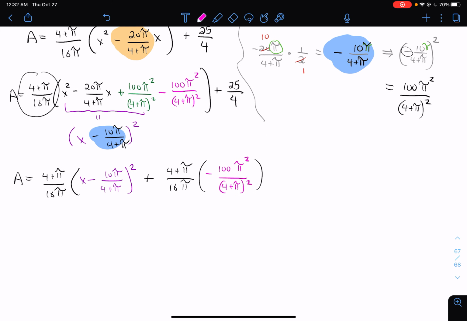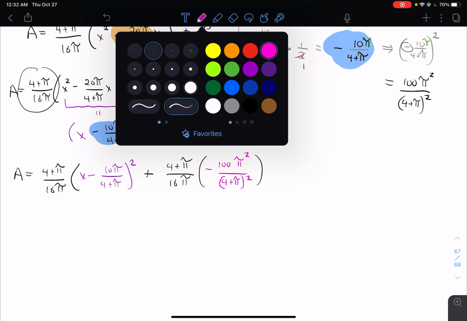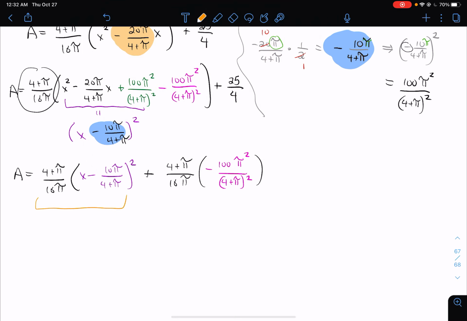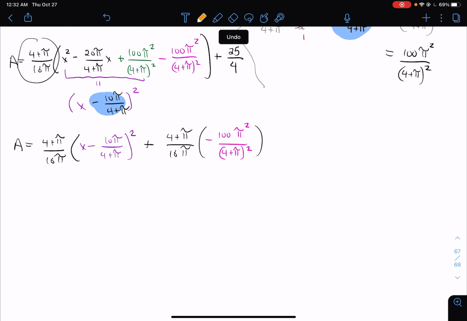Okay. All right, so I'm completing the square. This part of completing the square is kind of taken care of. We kind of have that part done. But it's the stuff out here now, I got to simplify it further. So there's some stuff that's going to cancel.